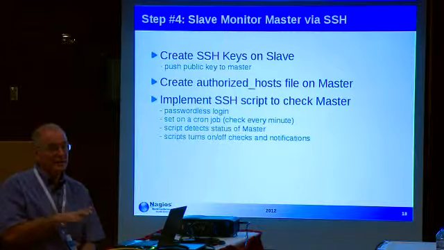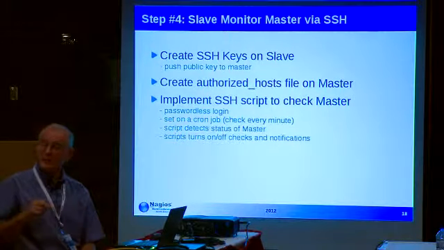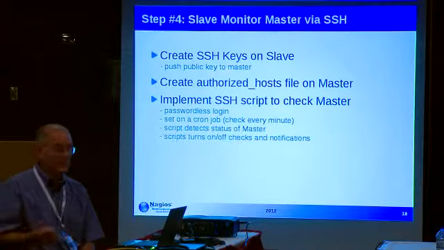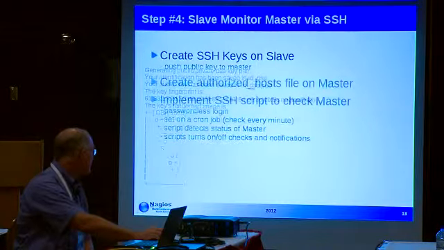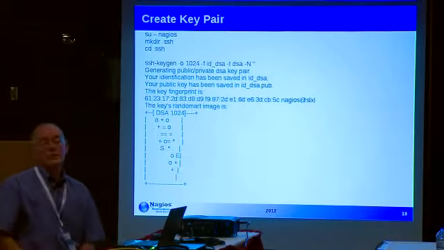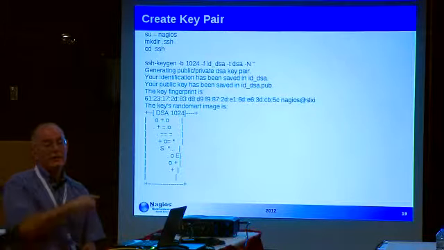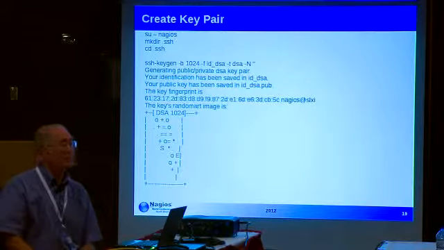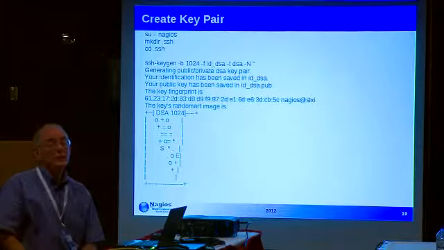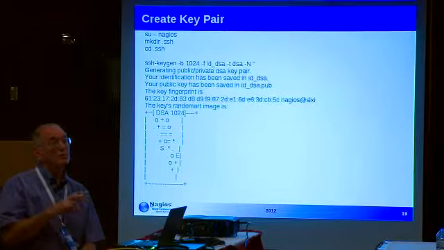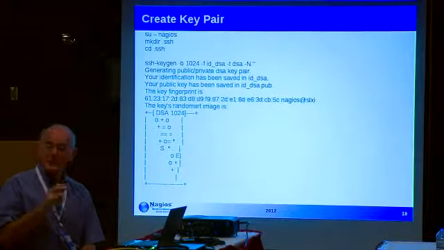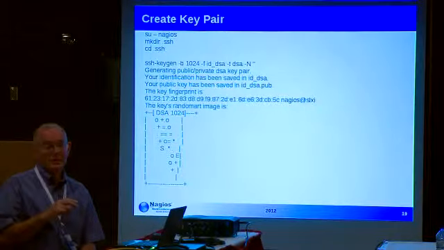But create that hidden .ssh directory, create your key pair on the Nagios slave. This key pair is going to be created a little bit differently, with the -N and then empty quotes there, so it's not going to have any content, but this will give you the ability to always connect up to your master easily.